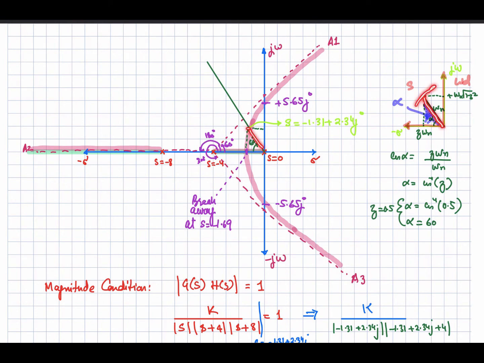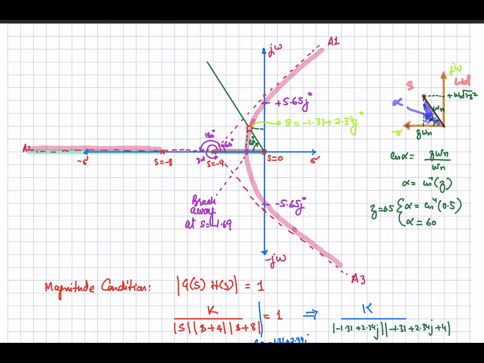We also know that if the pole is over here, this distance is omega n, so omega n is basically this circle. If we change omega n, that will change over here as well. We have some value of omega n, and this is the angle 60. If that is maintained, our zeta will be equal to 0.5.